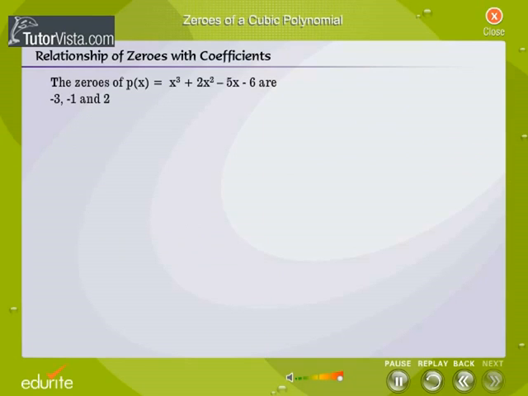The zeros of p(x) is equal to x cubed plus 2x squared minus 5x minus 6 are minus 3, minus 1 and 2. Find the sum of the zeros. Key in the answer.